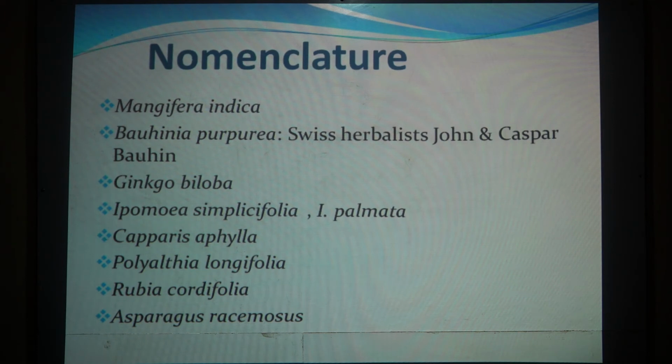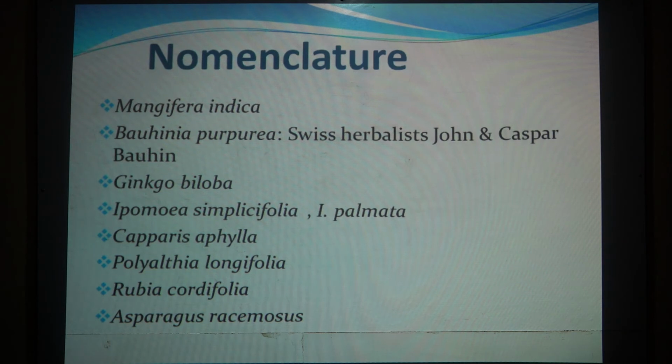Another example we can see is Asparagus racemosus. In some plants, the specific type of inflorescence may become the name of the species. For example, Asparagus racemosus, which shows the raceme type of inflorescence. So what is a raceme? Acropetal succession is there, younger at the top, older at the base.